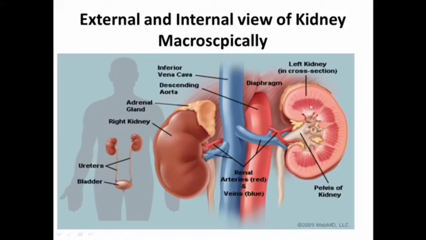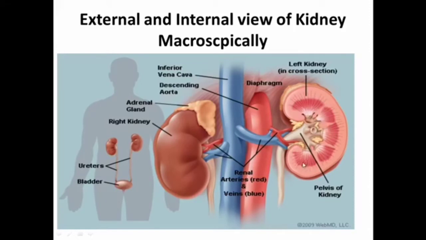Now inner to this is the medulla of the kidney. This medulla is a striated zone with a light color. Why are the striations present in this zone? Because it contains the straight parts of the nephron and the straight blood vessels. That is why it appears striated.